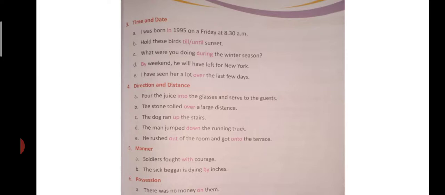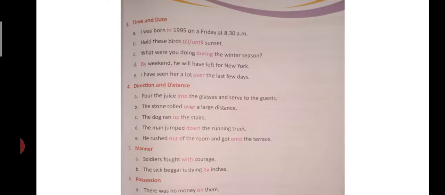The next one, direction and distance. These prepositions show where something is going, or in which direction or distance it is covering. They are called prepositions of direction and distance. Pour the juice into the glasses and serve to the guests. The stone rolled over a large distance.